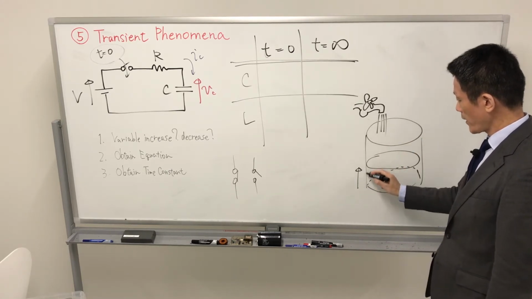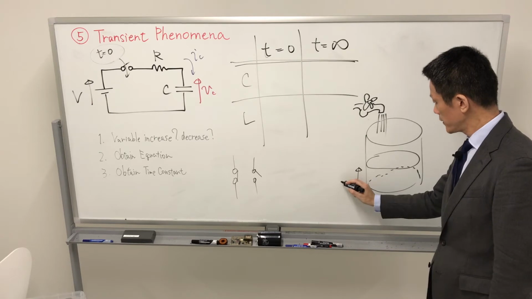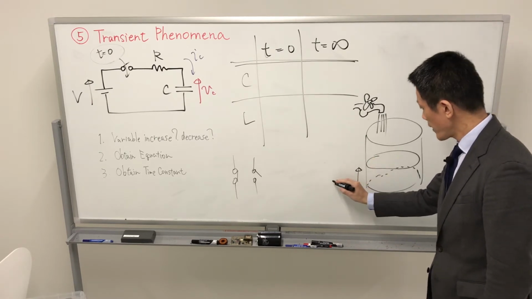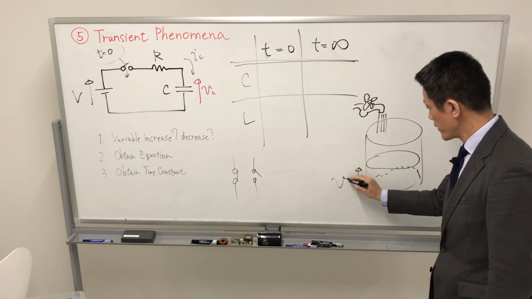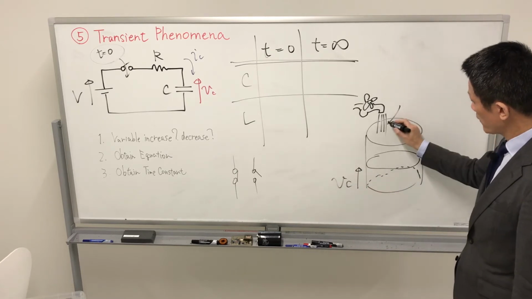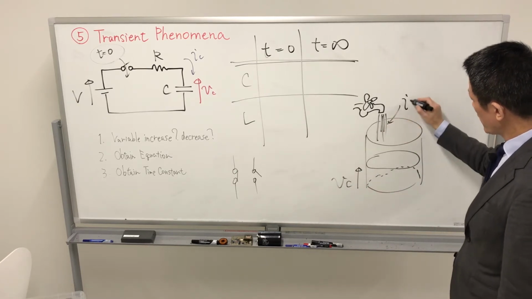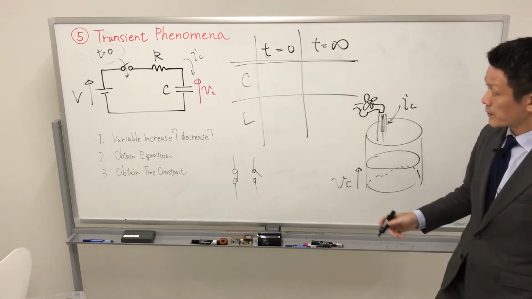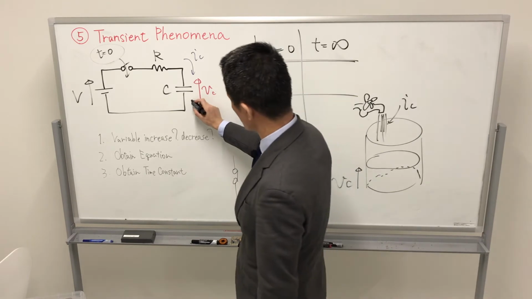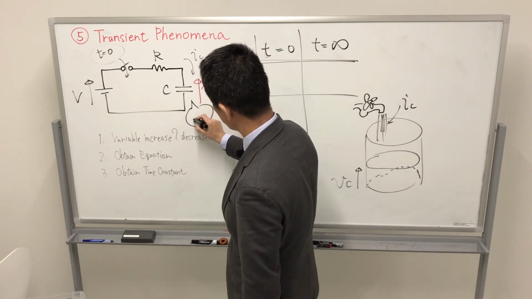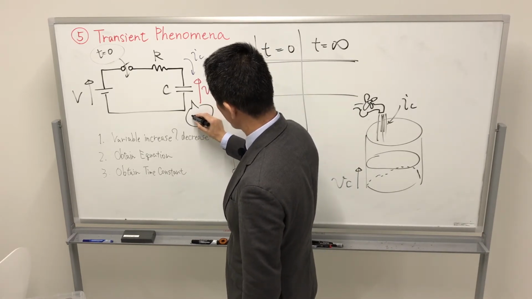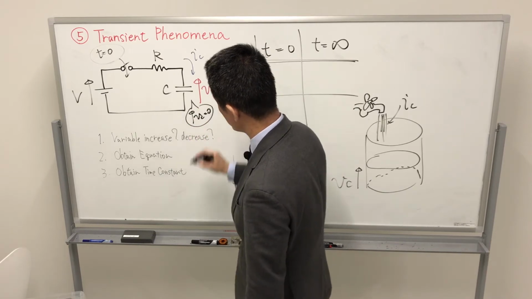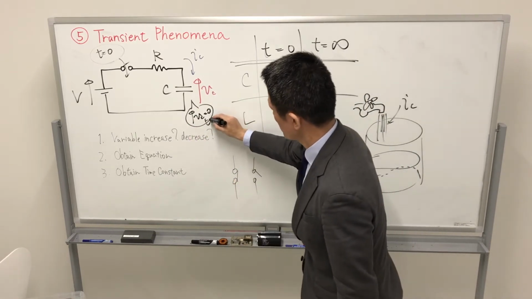The higher the level, the larger the value VC we see, and this current flow is IC. At T equals 0, the charge is 0, VC equals 0.